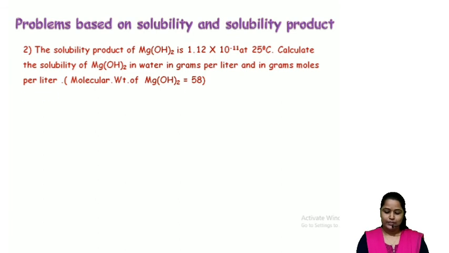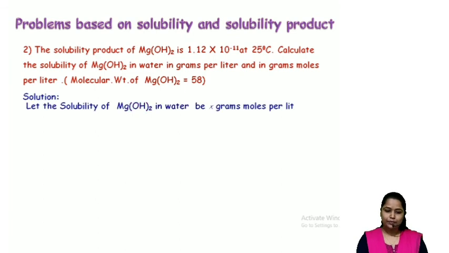So let's start the solution. Here we have to calculate the solubility. So let the solubility of magnesium hydroxide in water be x gram moles per liter. We have to calculate x, that is solubility in gram moles per liter and in grams per liter.